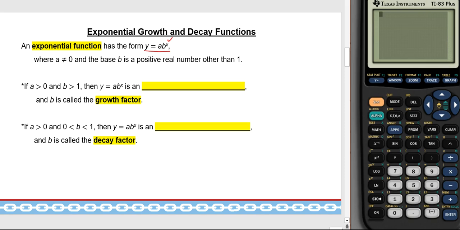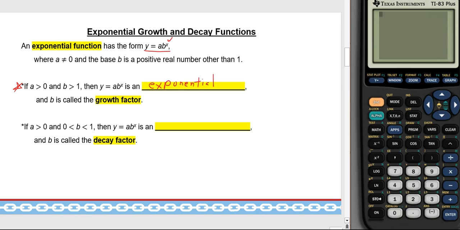We have a couple of different things that happen with exponential functions. Our first case is if your a value, that initial value, is greater than 0, and your b value is also greater than 0, then your function is called an exponential growth function.